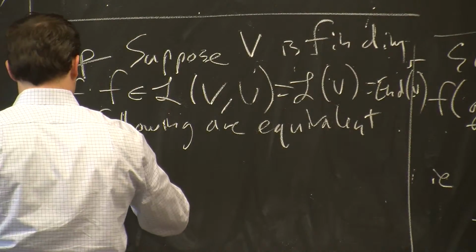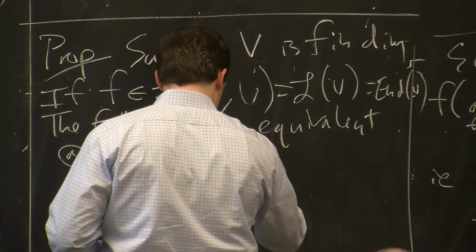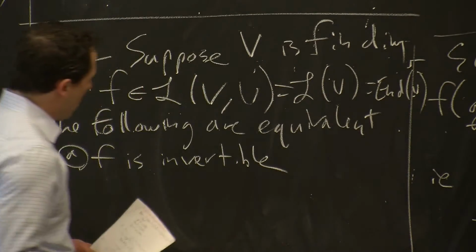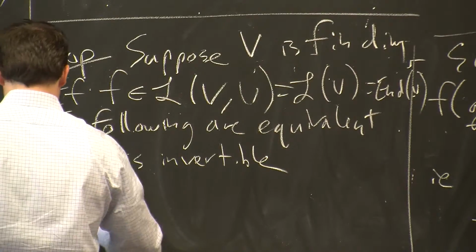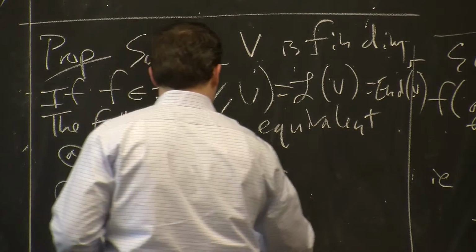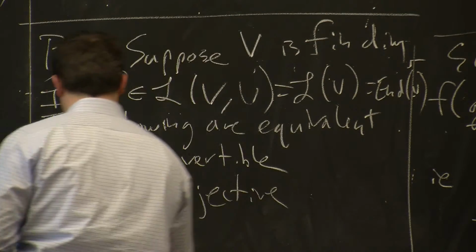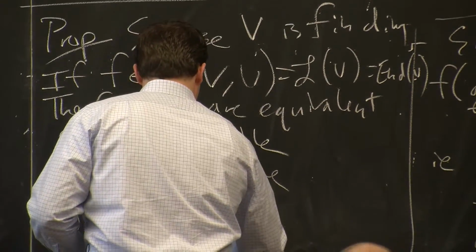A, F is invertible, so F is an isomorphism from V to itself. B, F is injective. And C, F is surjective.